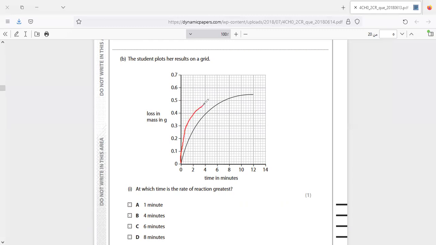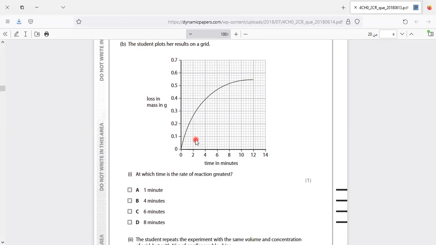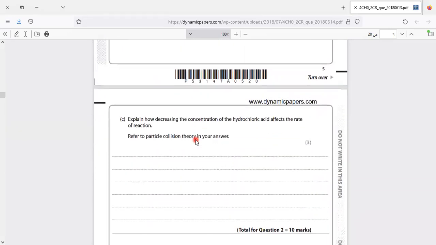Look, like this. Got it? So now you will get the mark if your answer looks like this. 2 marks.